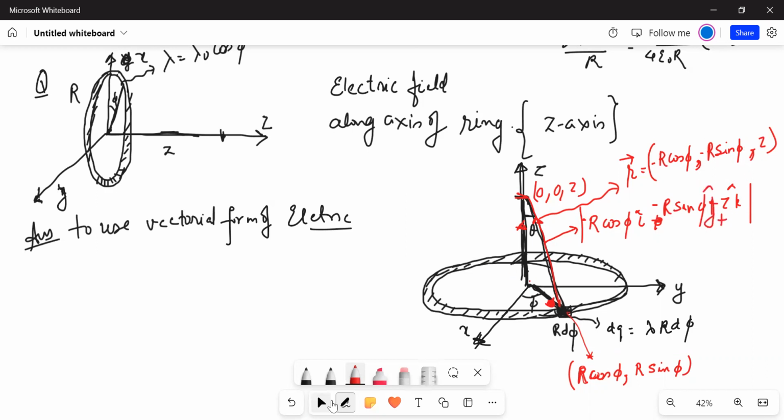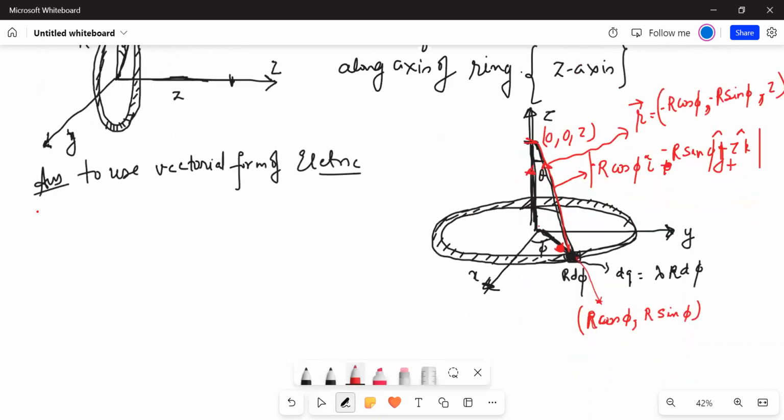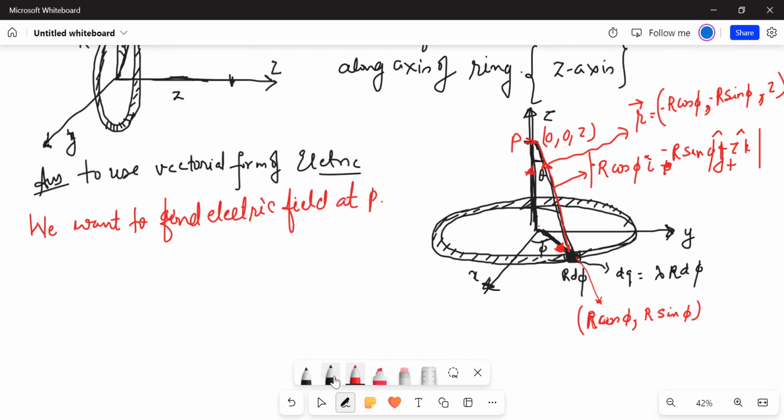So we want to find the electric field at point P. In this particular differential element, the charge content is dq, and we want to find the electric field at point P. So the electric field at point P will be simply k dq. What is dq?